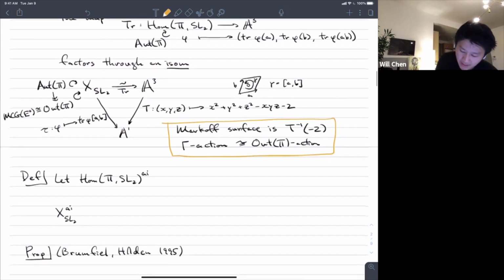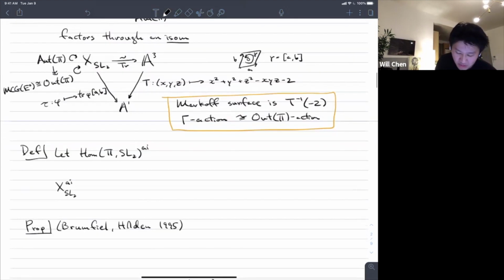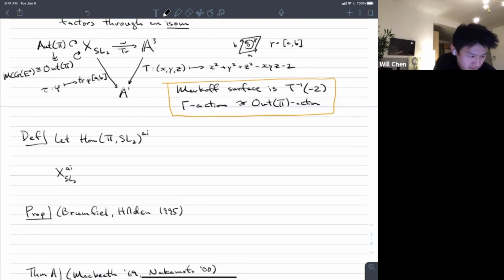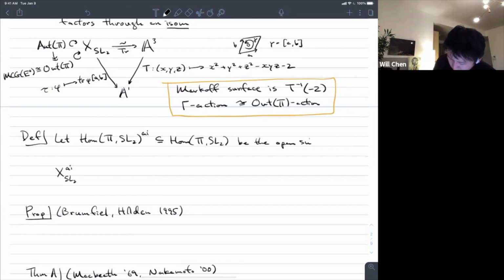But it turns out you can get a good answer here, but you have to restrict your scope a little bit. So let Hom(pi, SL2)^AI be the subscheme of Hom(pi, SL2), the representation variety, corresponding to absolutely irreducible representations.